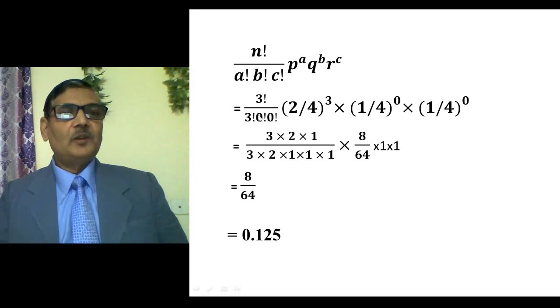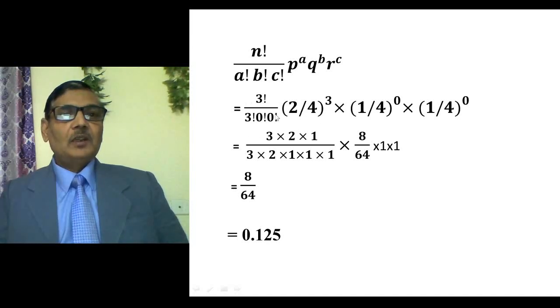Then B blood group occurrence is 0. C means AB or B blood group, that is actually 0. The frequency of P is 2 by 4 and its power 3 will be written. Then 1 by 4, its power 0, and then 1 by 4, its power 0.